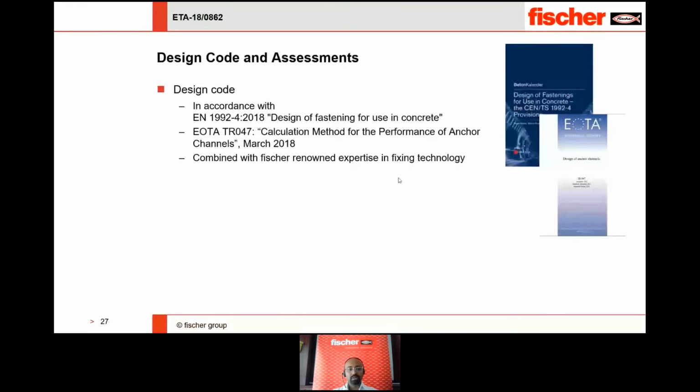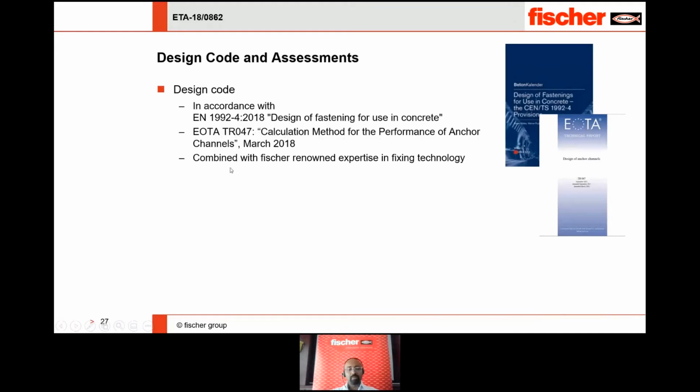There are different codes in the design of cast-in channels. The most common code we use is EN 1992 Part 4, 2018, for design of fastenings in concrete. We also use EOTA TR 47, which is a calculation method for the performance of anchor channels.